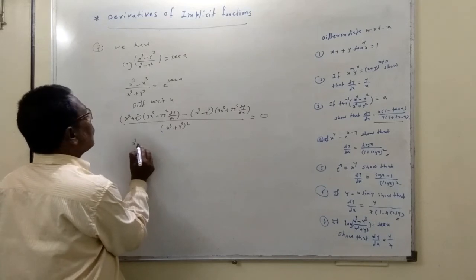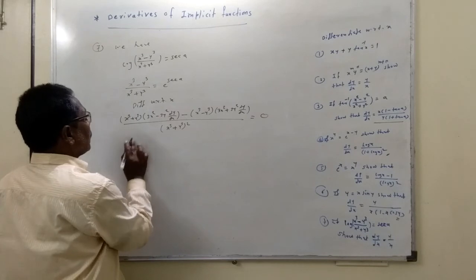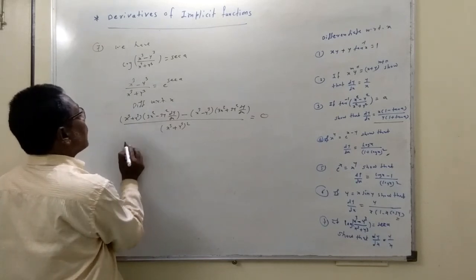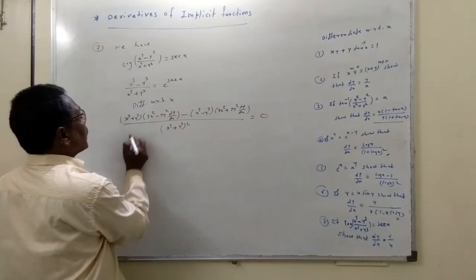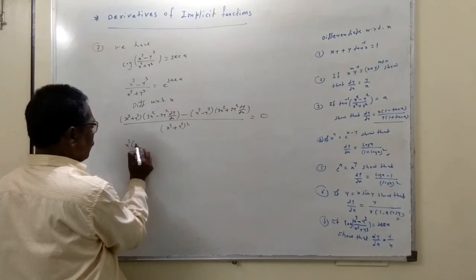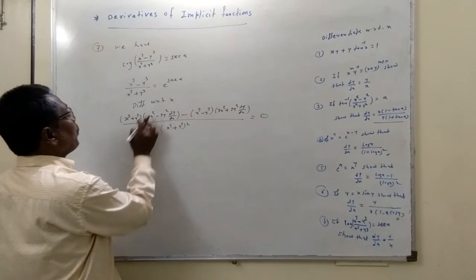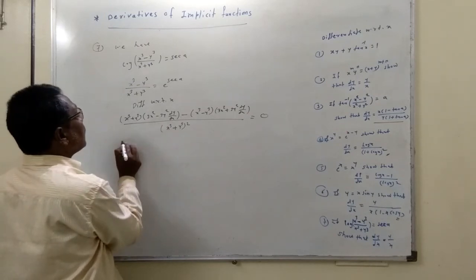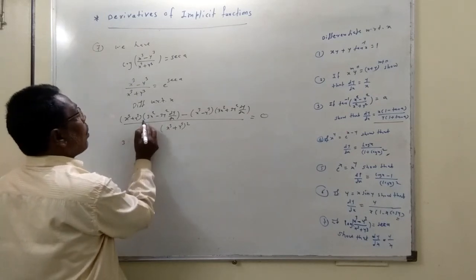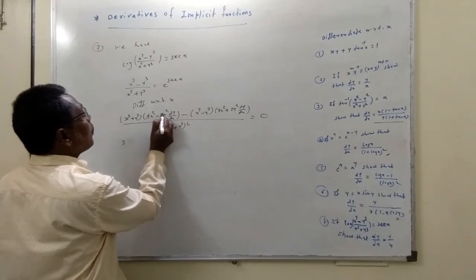x cube plus y cube, we will split up the terms. Now x cube into 3 common. When we multiply, this 3 common throughout we will take outside, that 3 will cancel here.